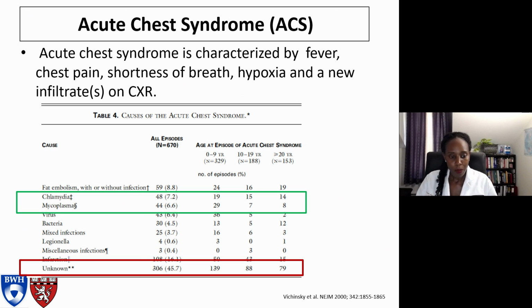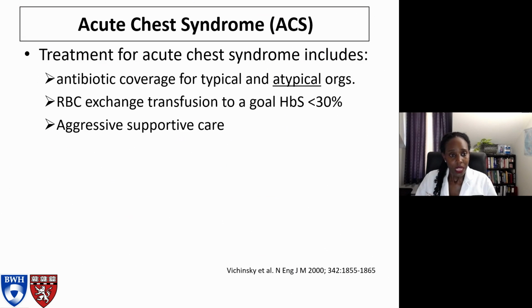I show this table to point out that although the objectives of this trial were to identify causes of acute chest syndrome, in up to 45% of patients the causes were still unknown. And of those that had infection, a significant portion were atypicals. Therefore, when we treat patients with acute chest syndrome, our antibiotic coverage has to cover atypicals.